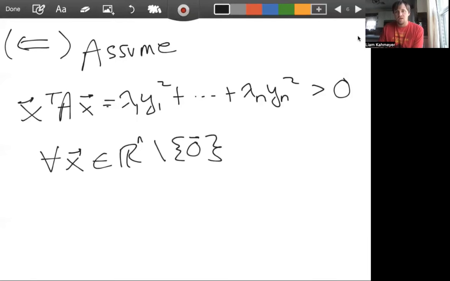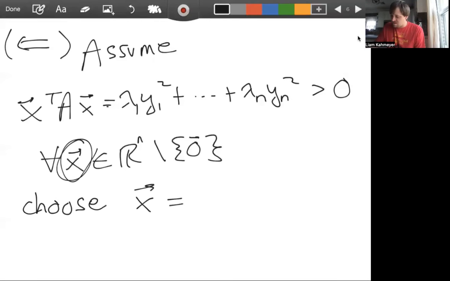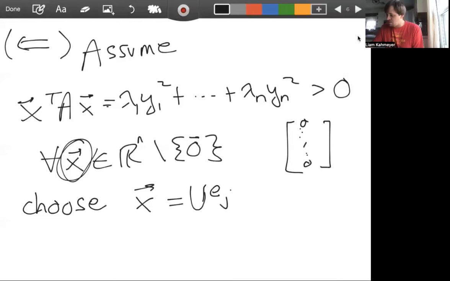If that's true for all of them, we have the freedom to choose any representation of the vector x. Let's be clever and choose x to be the product U times e_j, where e_j is the standard basis vector that's 0 in every component and 1 in the jth component.